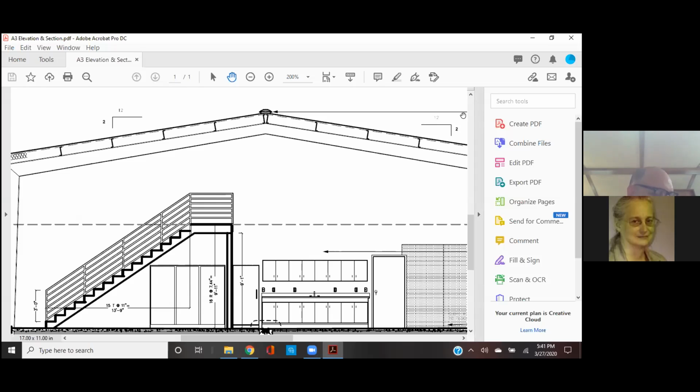Close parentheses, that means it's 1 over 2 times 25 times 4.5 is 112.5, close that. And then we do 56.25 square feet.